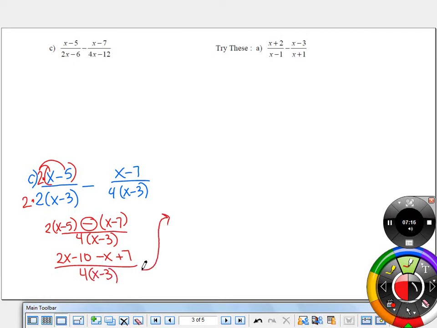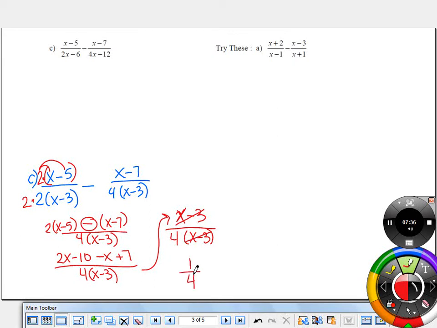I'm going to continue simplifying, so I can combine like terms in the numerator. So 2x minus x, I get x, and negative 10 plus 7 is minus 3, over 4 times (x minus 3). These factors of x minus 3 cancel each other out, and I am left with 1 over 4.